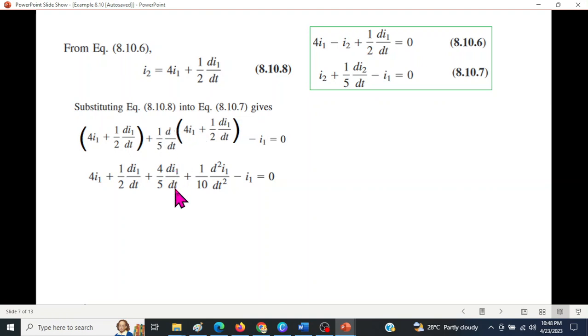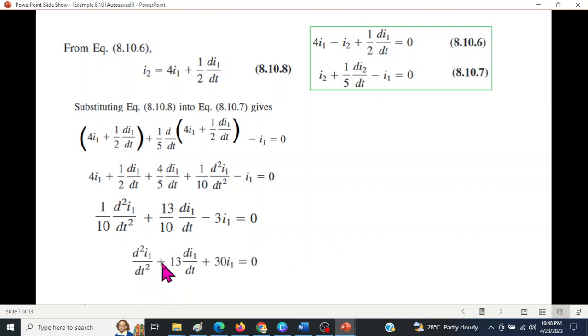It will be 4 di/dt, and this is now double differentiation, so it will be d square I/dt square, and this is minus I. Rearranging, get in this shape. Further simplifying, we get these values. That is multiplying by 10 actually.